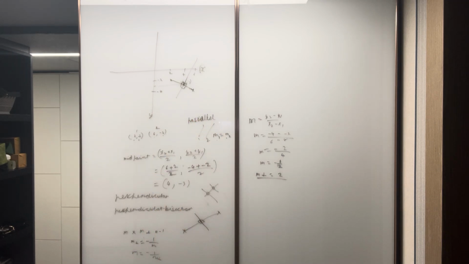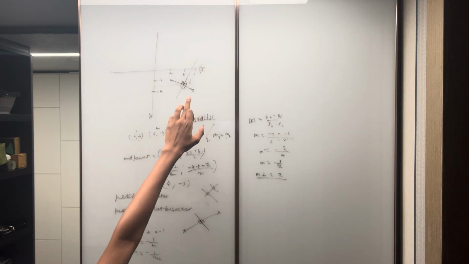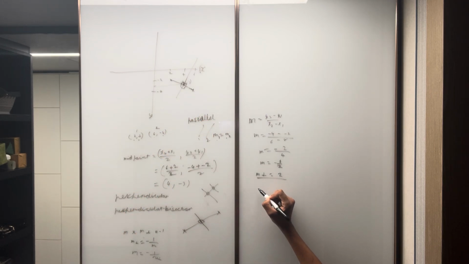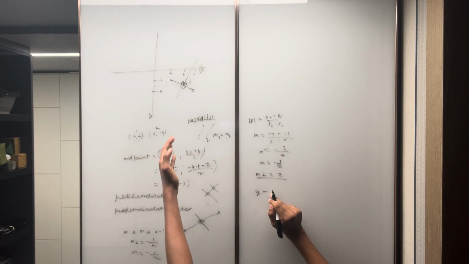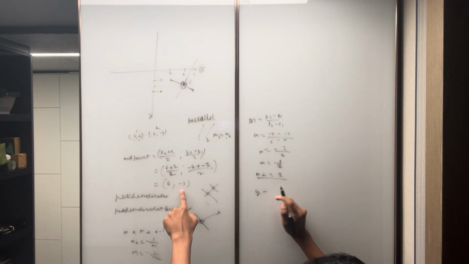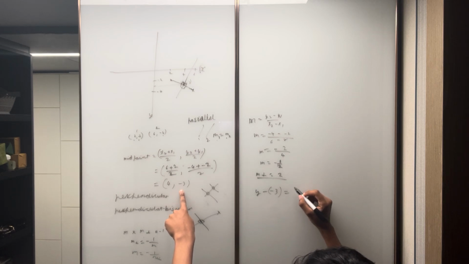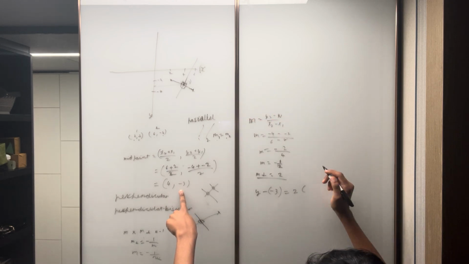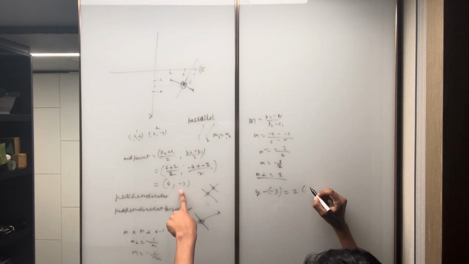This is what happens when you have a perpendicular bisector here. You need to find the equation of that. So you take y minus y1. You have to take the midpoint. The midpoint here is 4 comma minus 3, so y minus (-3) equals m, which is 2, because we're finding the perpendicular, times x minus 4.